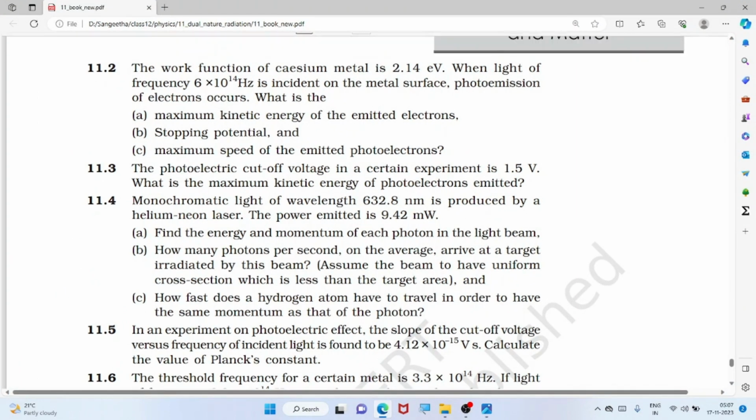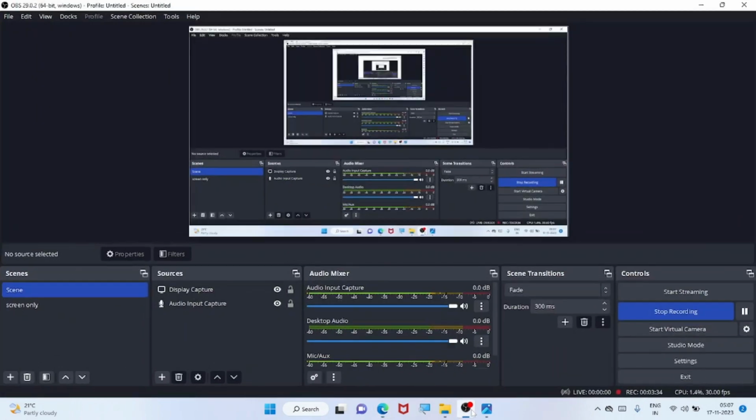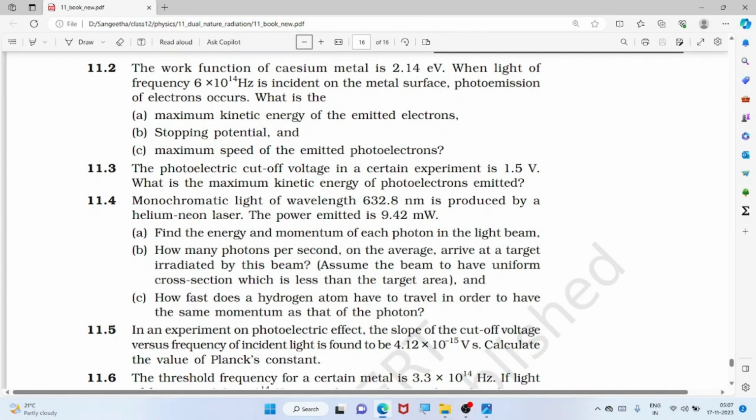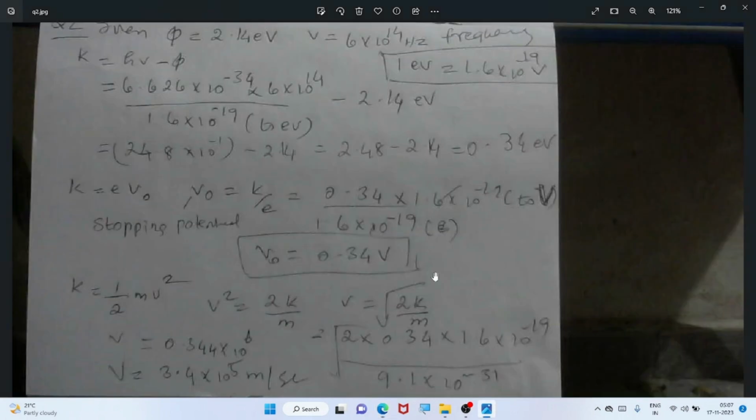Maximum speed of the emitted photoelectrons: kinetic energy we know is half mv square. From that we can compute the velocity. So this is the speed.